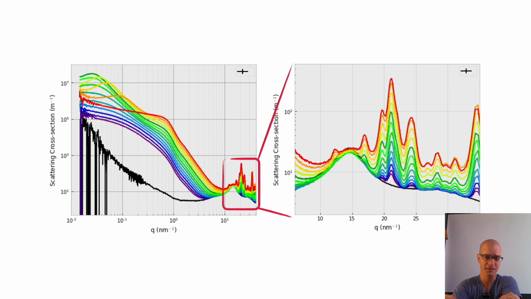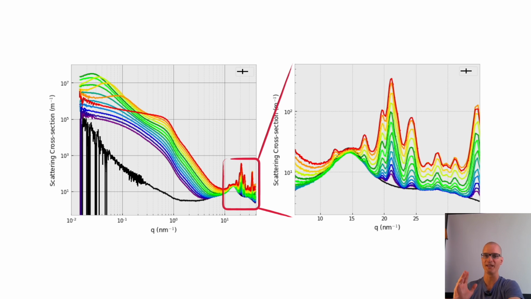What you can also see in this is that we measure all the way into the wide angle range. Interestingly, if you do your measurements on absolute scale, the amount of wide angle signal that you see, so these wide angle diffraction peaks, are actually proportional to the volume fraction of crystalline material that you have in your sample.